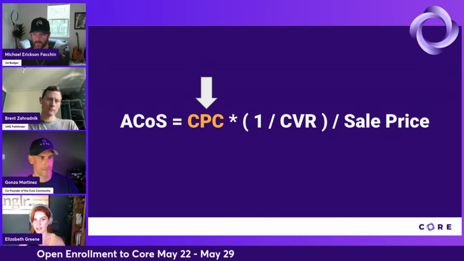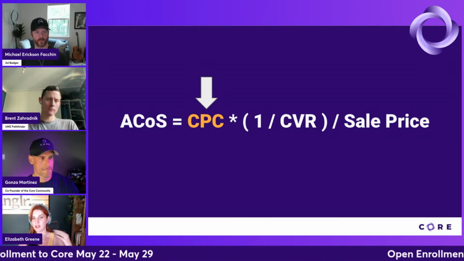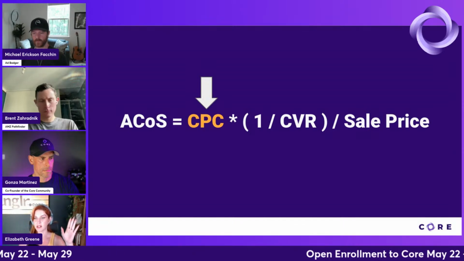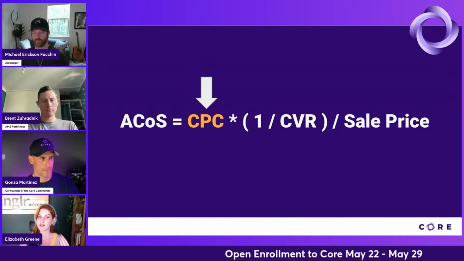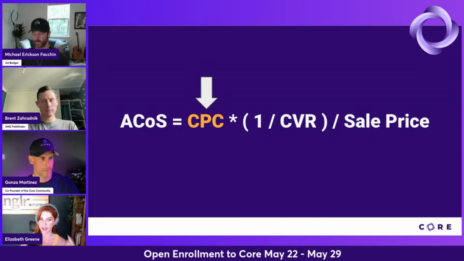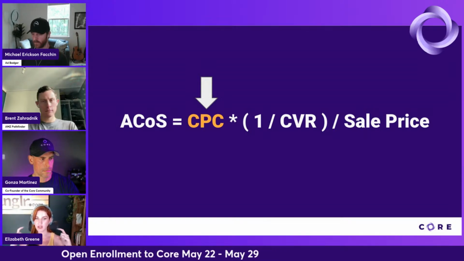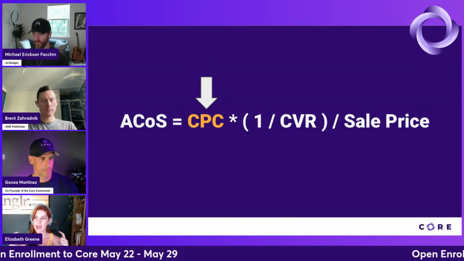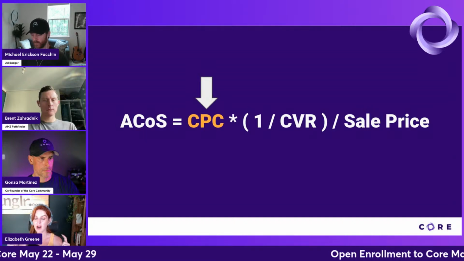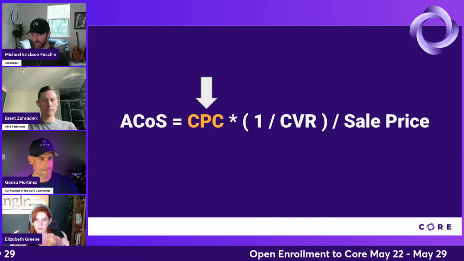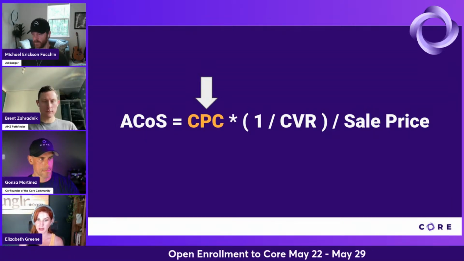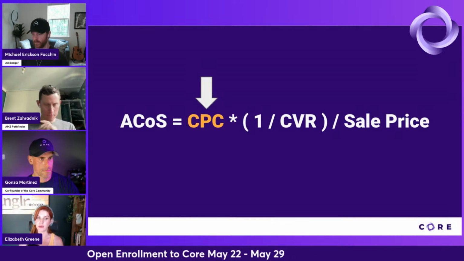Gonzo just went through a lot of tactics here. Another tactic is looking at all of the targets you're advertising on and saying, what is my best converting target, and optimizing for that. That's not a bad thing. But really, when it comes to looking at how I can get a better ACOS for this individual keyword, it's lowering your bid, which is effectively trying to lower your CPC.